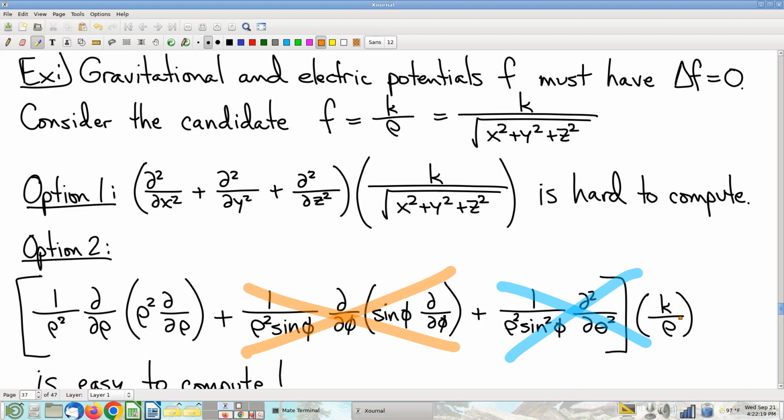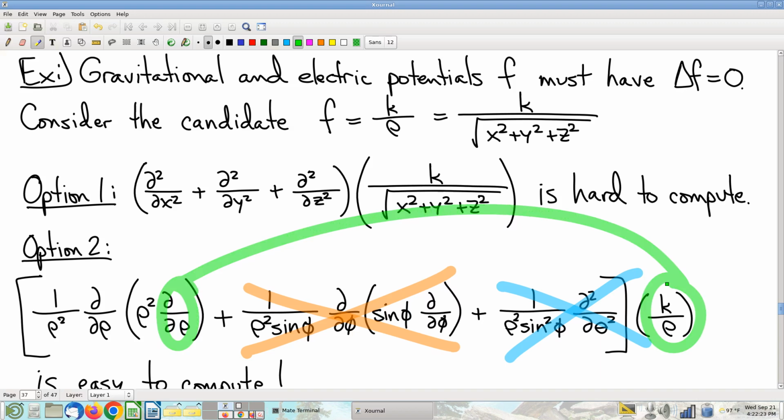The last little bit is super quick. The rho partial here is not 0. You get negative k over rho squared. That rho squared in the denominator cancels with this rho squared right here, leaving us with just negative k. The rho partial of a constant negative k is 0, and this whole thing goes away as well.